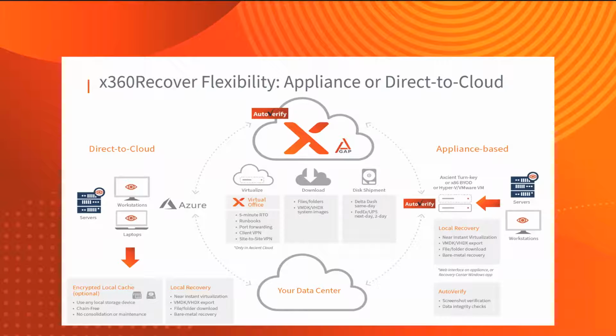That's where these appliances come in. So kind of think of it as an on-prem backup hypervisor for you. So in the event a production system goes down, you can log into the appliance on premise and be able to get that machine up and running.